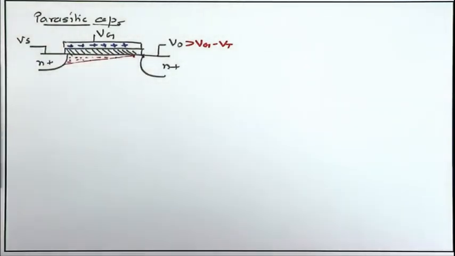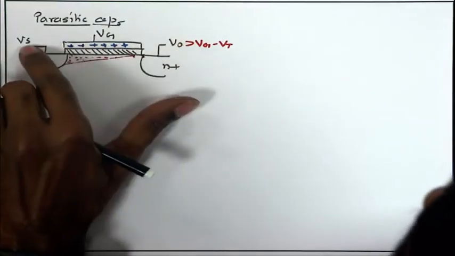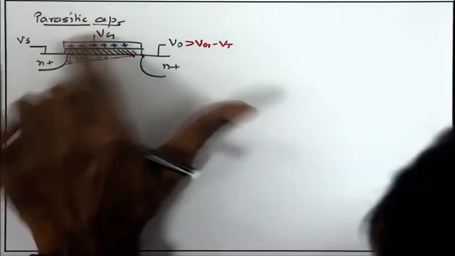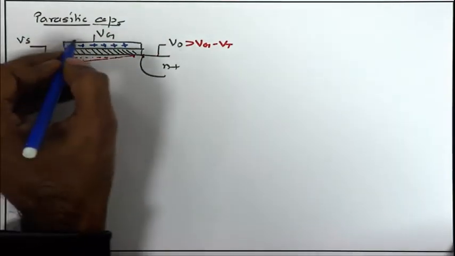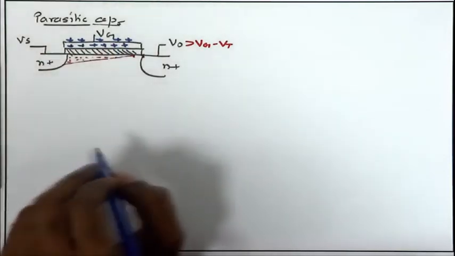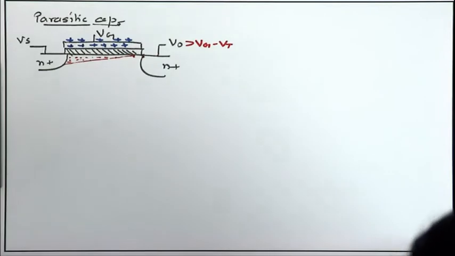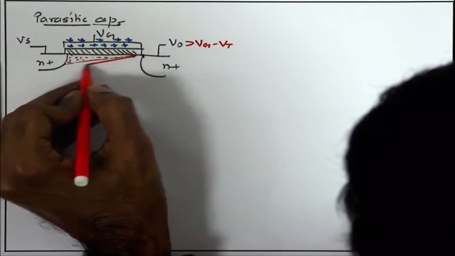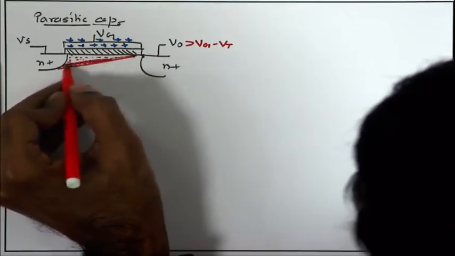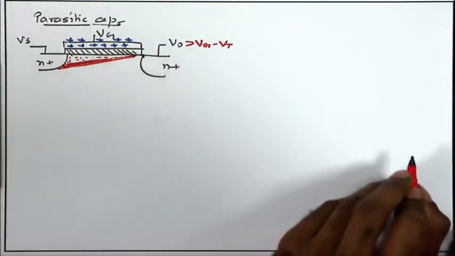Now what happens if I keep the drain voltage and source voltage constant and increase the gate voltage a little bit? When I increase the gate to source voltage, I am dumping more positive charges on the gate, going from V g to V g plus delta, and in order to balance those positive charges, I will definitely need additional negative charges. So, the total channel charge will increase. The total area, the shaded region plus the dotted region, will be the total charge.